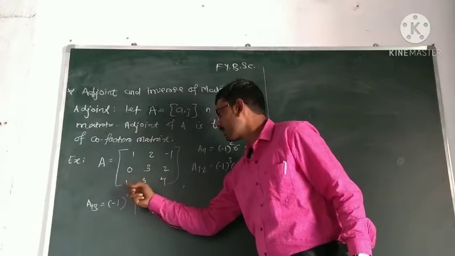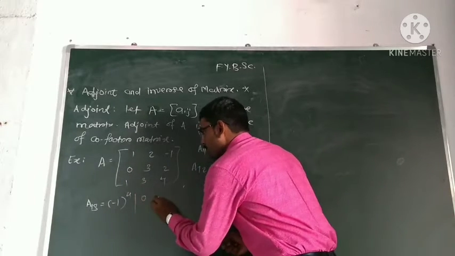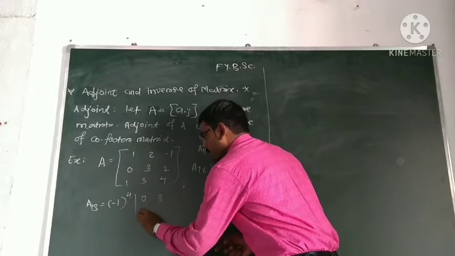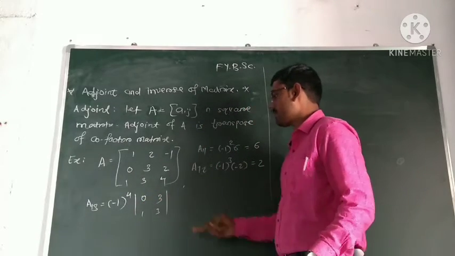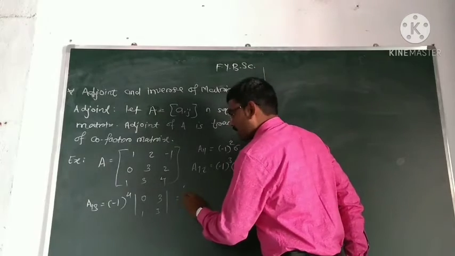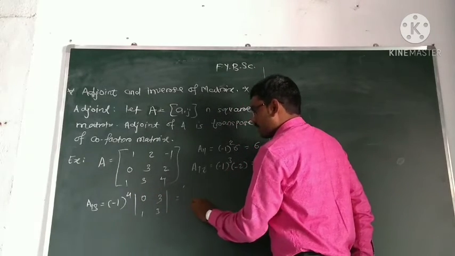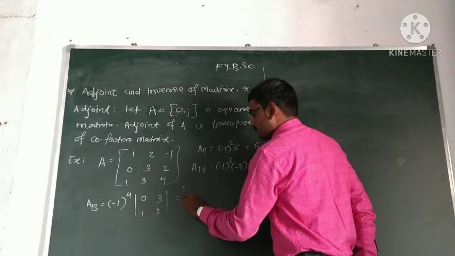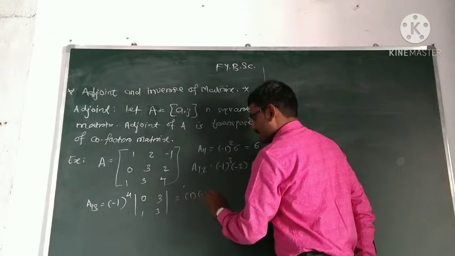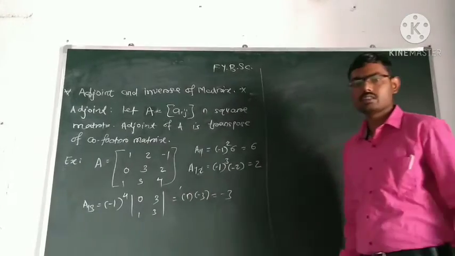So determinant of 0, 3, 1, 3. I will write one step more. Determinant of 0, 3, 1, 3: 3 into 0 is 0, minus 1 into 3 is minus 3. Minus 1 raised to power 4 is equal to plus 1. And the determinant of this is 0 minus 3. So plus 1 into minus 3, which is equal to minus 3.